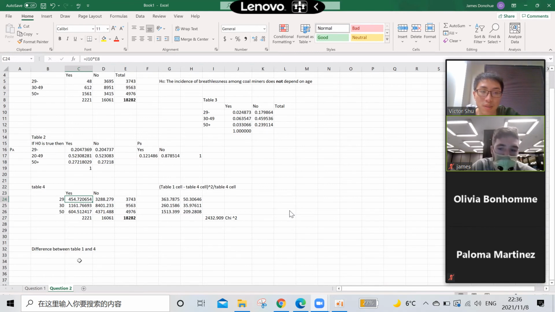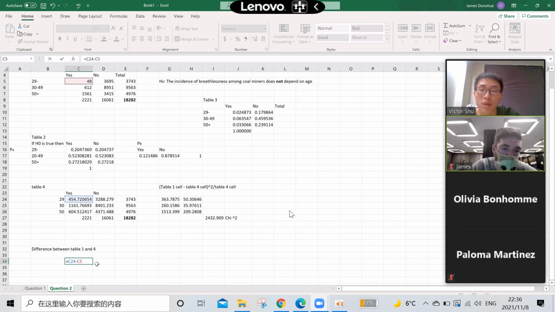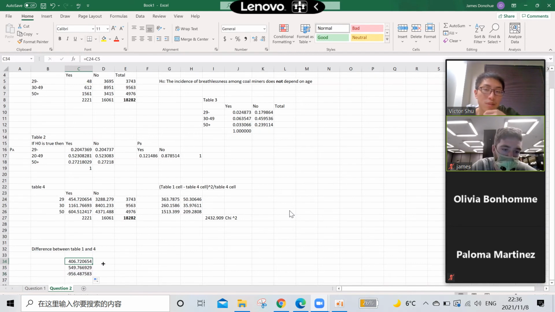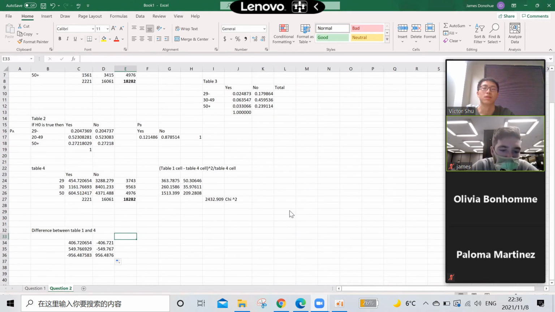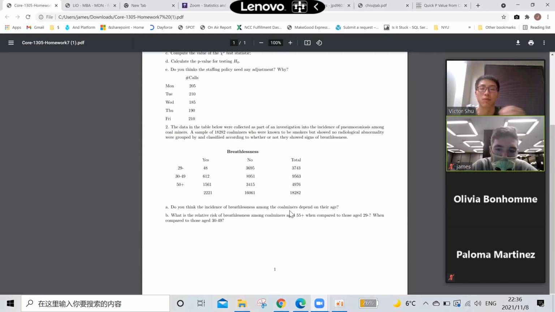However, in the real world, when I do research, I find there are only 48. Then I would say there's a low risk of people under 29 years old getting breathlessness. I can do some analysis using these two tables, especially by looking at the difference.